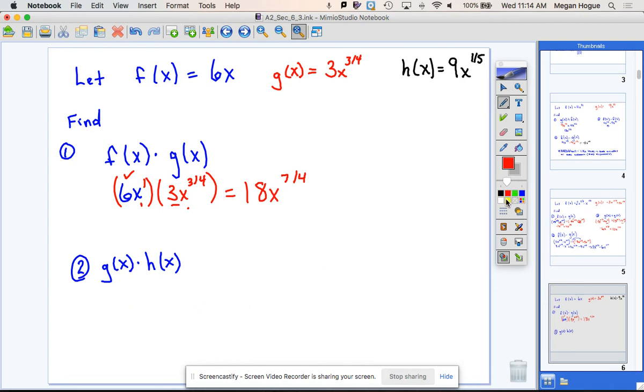Let's do the next one. g of x times h of x. So g of x, 3x to the 3/4. Again, I like to use those parentheses. h of x, 9x to the 1/5.